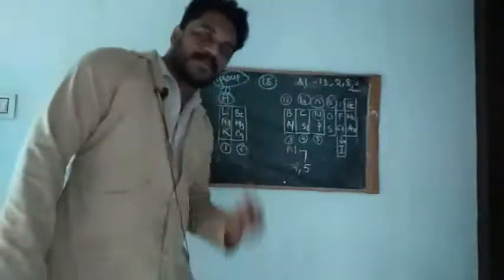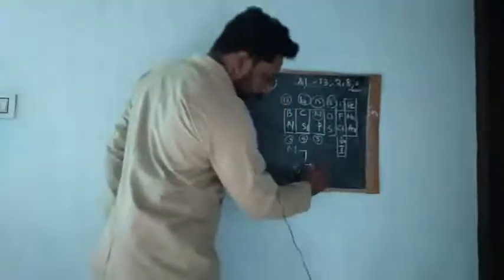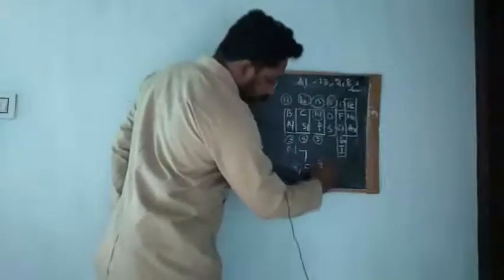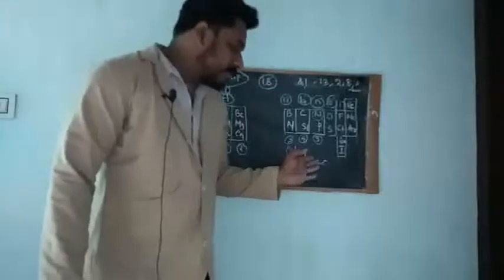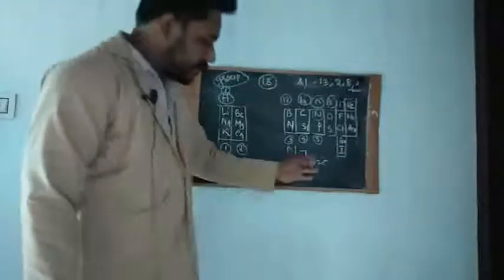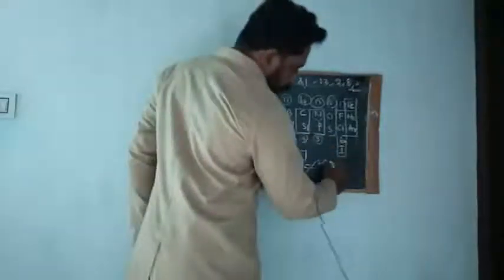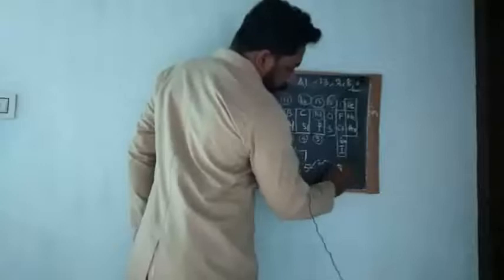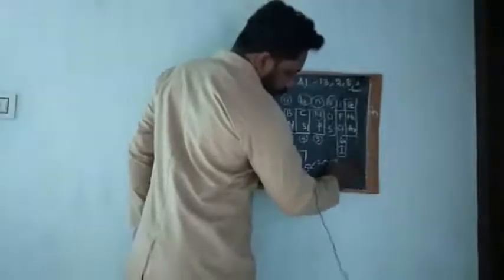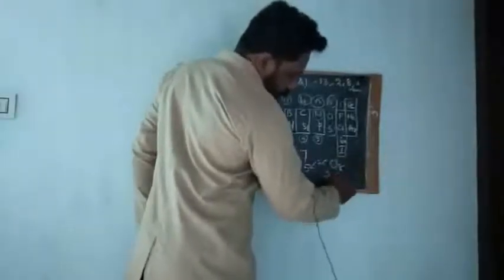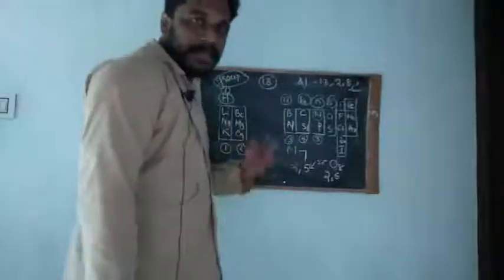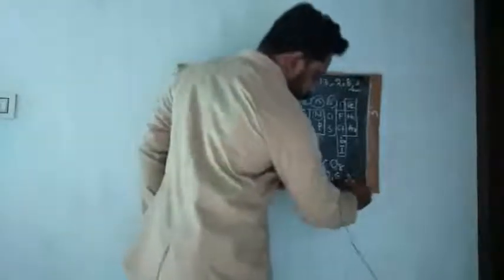To make 8 in the outermost shell, it requires 3 more electrons, and that's why the valency of nitrogen is 3. Then oxygen, atomic number 8, has electronic configuration 2, 6, so it requires 2 more electrons, so the valency is 2.